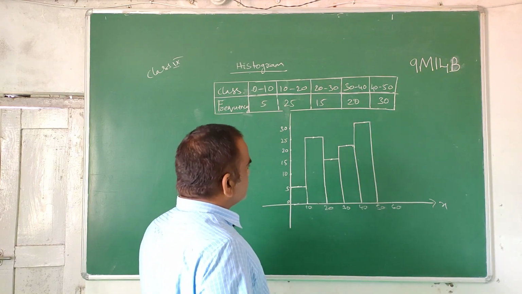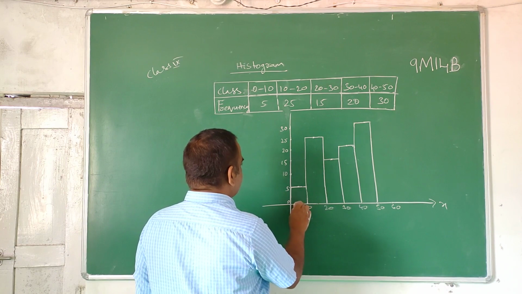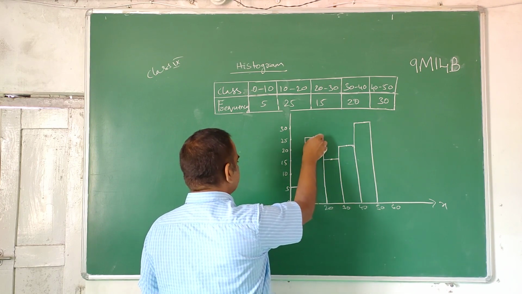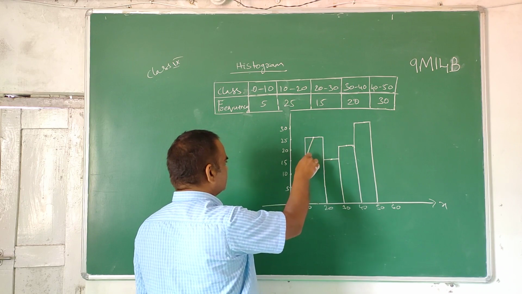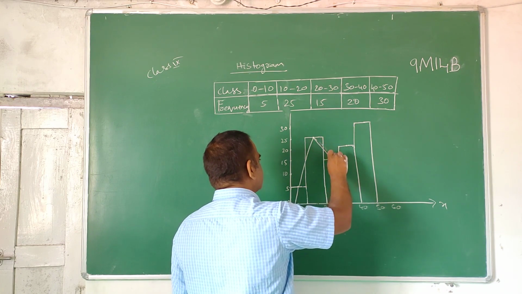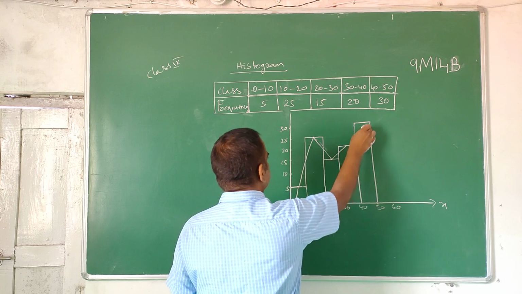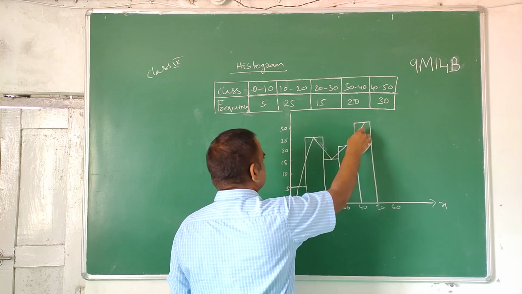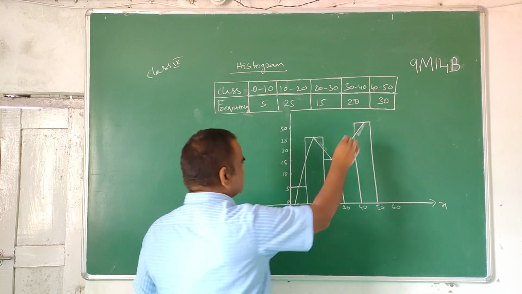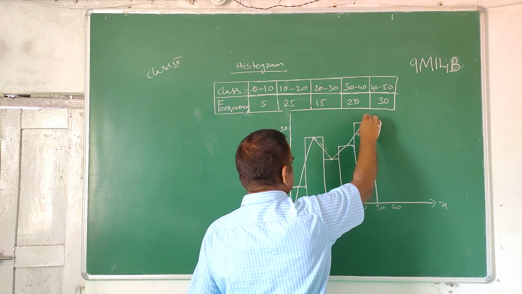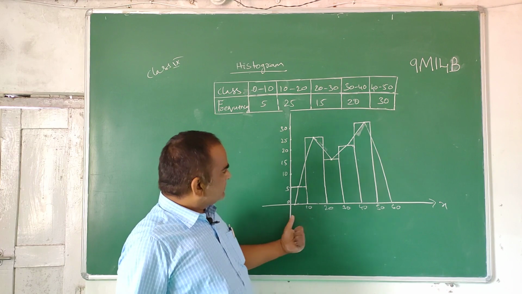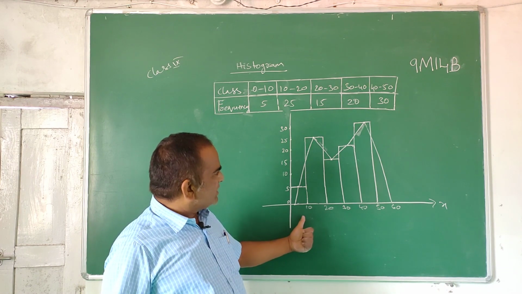Then all these midpoints are to be joined with line segments, like this. Then this is called frequency polygon.